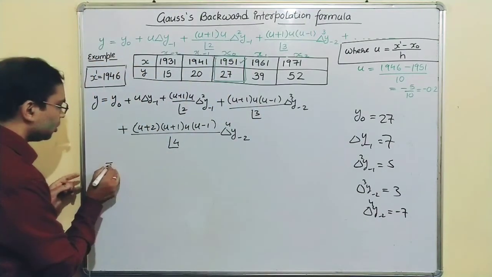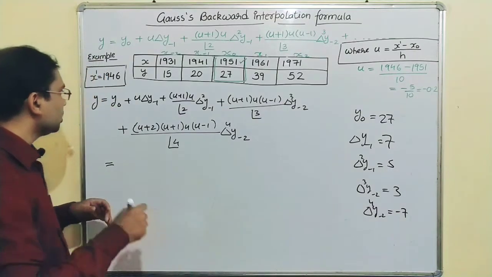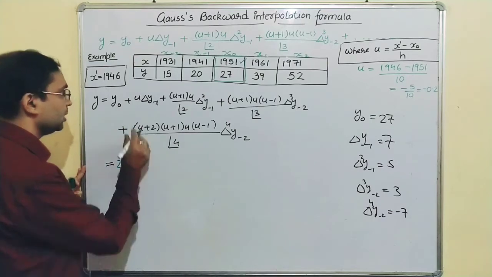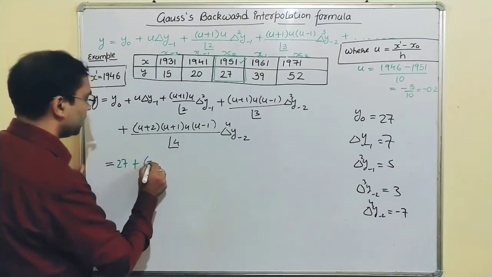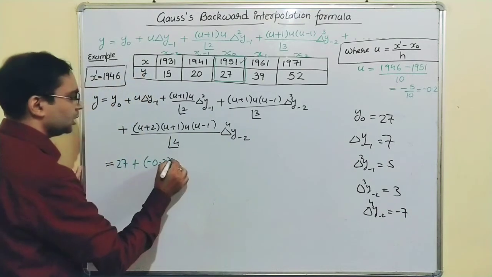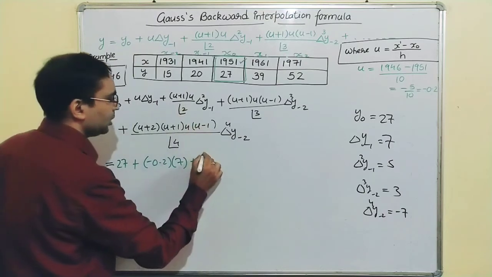Now let me substitute all these values into the formula. What is y0? This is 27 plus, what is u? u is minus 0.2. What is del y minus 1? This is 7. Then plus (u plus 1), what is u?